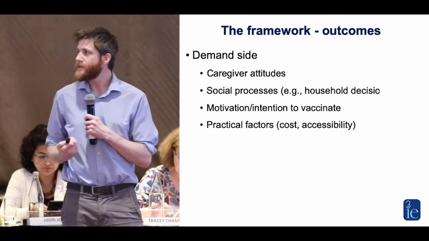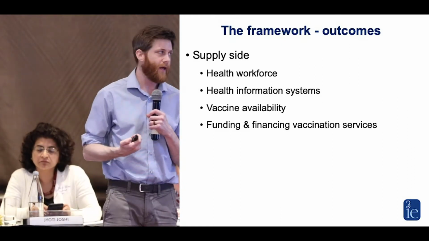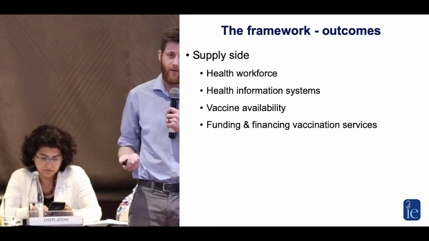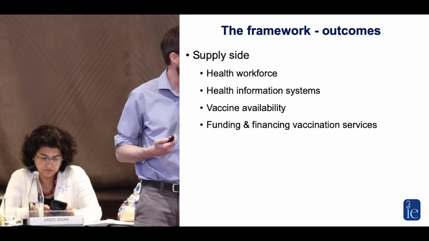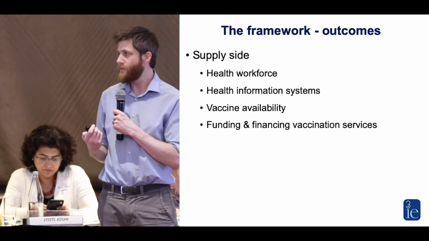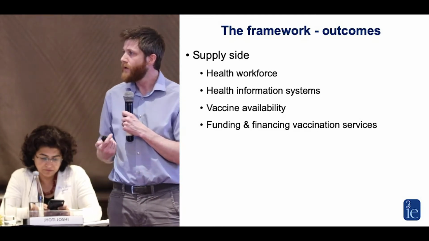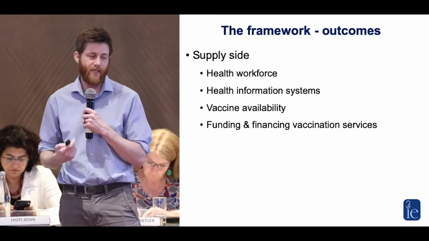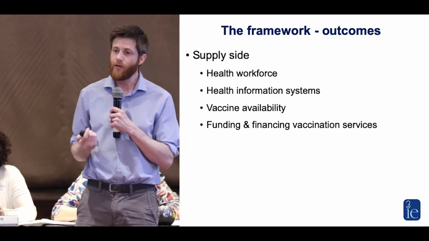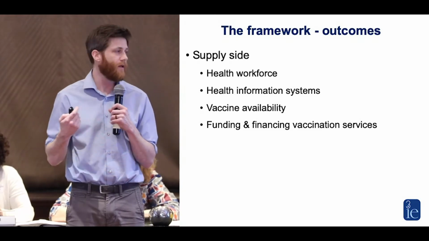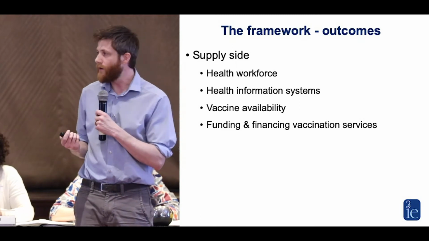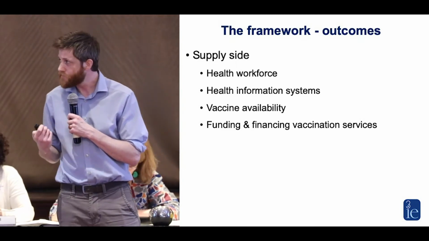We also look at the supply side and the health workforce, both formal health workers and informal or community health workers, the information systems that exist in the health system and their capacity to manage data about vaccination, vaccine availability, things like cold chains, things like stockouts, and finally funding and financing for vaccination services.